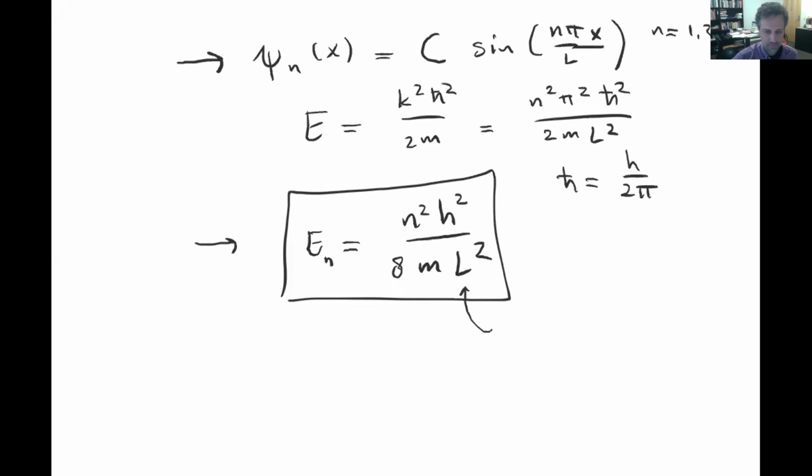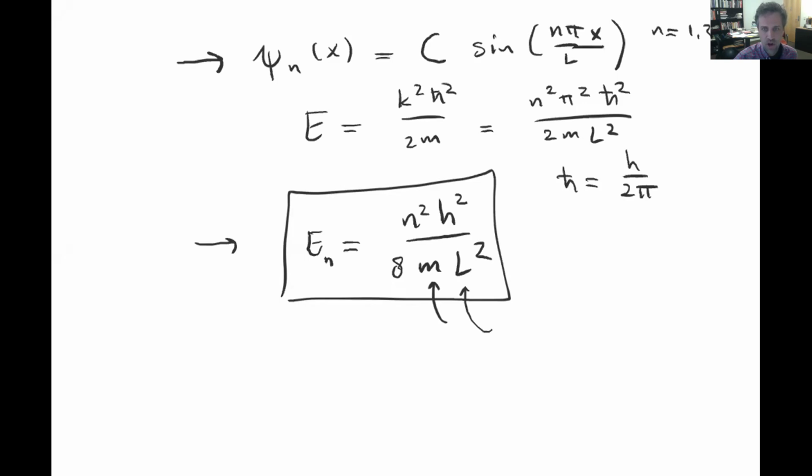And that's happening. The other thing is there's also an m in there. So that means that if the particle is very light, the separation between energies is large. If the particle has a very high mass, the energy separation between subsequent states is very small. So that's the same argument.